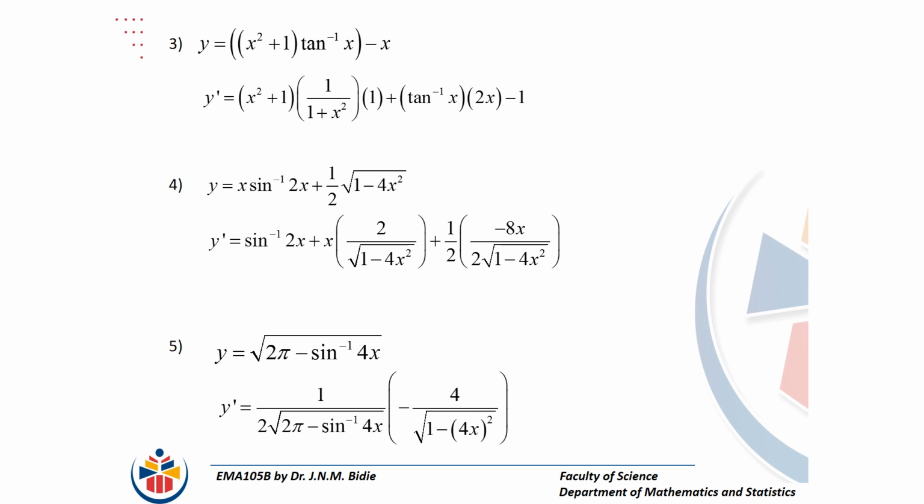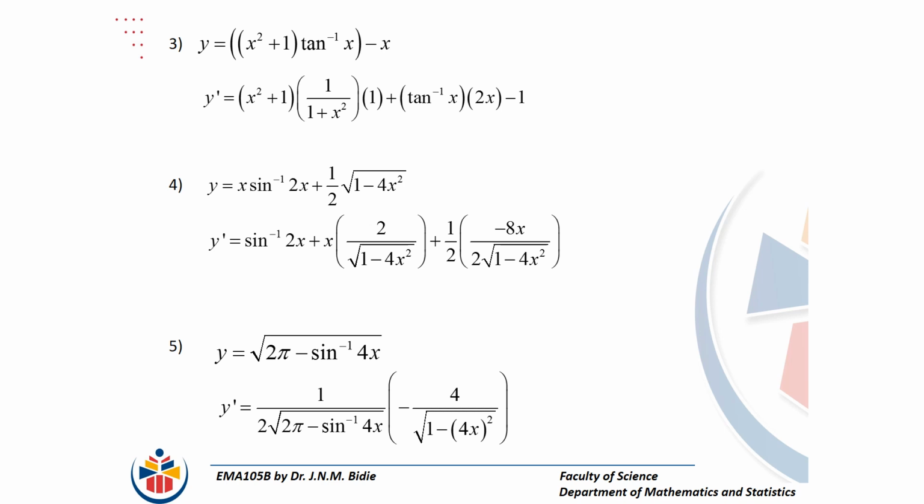But then in the numerator, you must have the derivative of that argument. So the derivative of 1 minus 4x squared is minus 8x. You can simplify this expression and you give us the correct answer. And note that the last two terms, you can add them up because they're exactly the same.